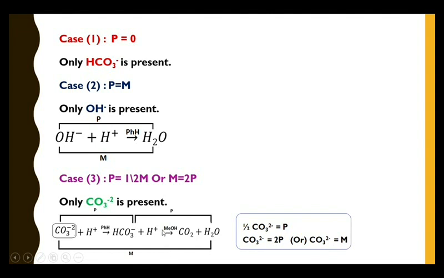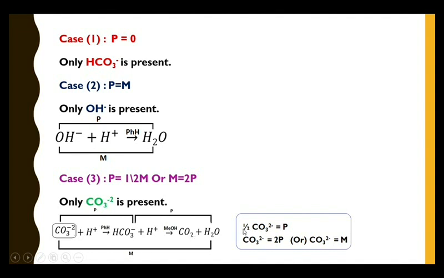So this half is P and this whole is M. Now, carbonate converted to bicarbonate is what you call half neutralization. Therefore, when bicarbonate is converted to carbon dioxide, you call it another neutralization. Therefore, this is also equal to P. So this whole is M, and this half is P, and this half is another P. Therefore, M is equal to 2P.